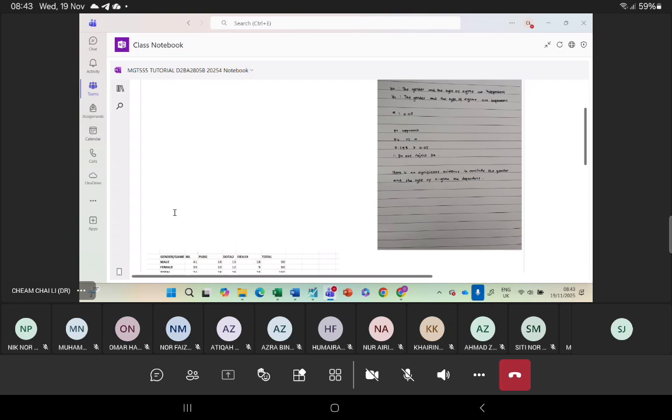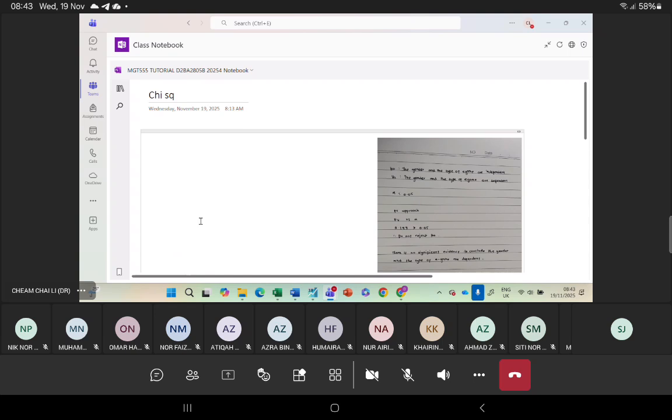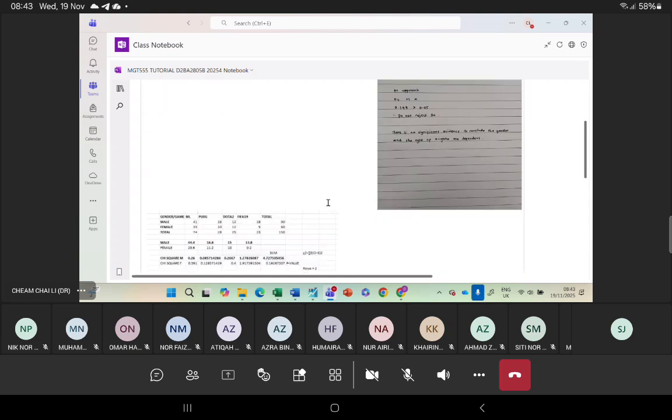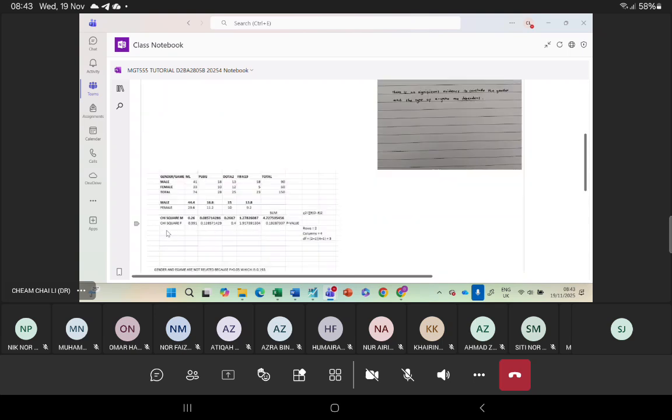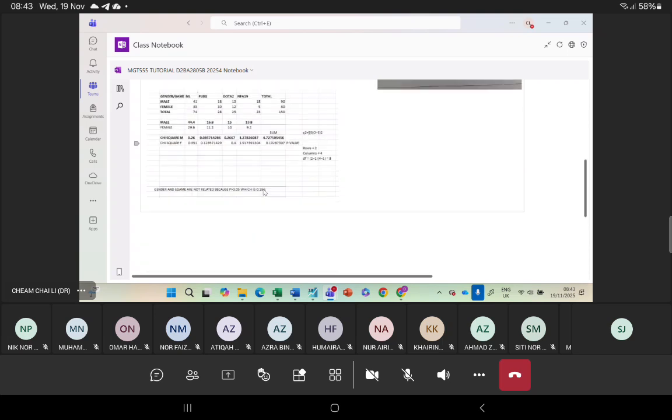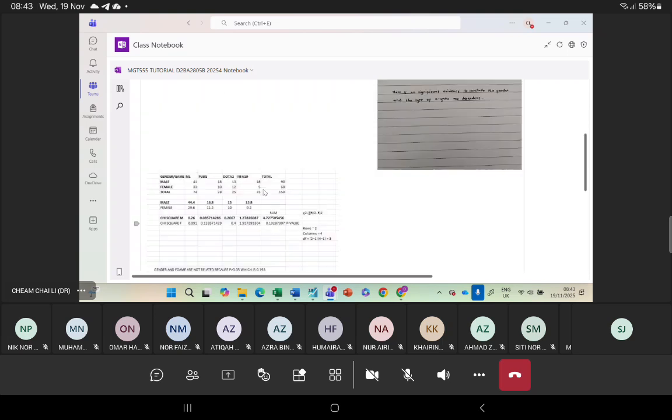Ya, kalau you all lihat dia punya data, you have gender, male, female, and then type of e-games too. You have PUBG, Dota 2, FIFA 19, and satu lagi Mobile Legend, right? So you need to use chi-square. For chi-square, there are 4 steps involved, right? You can run the 4 steps.